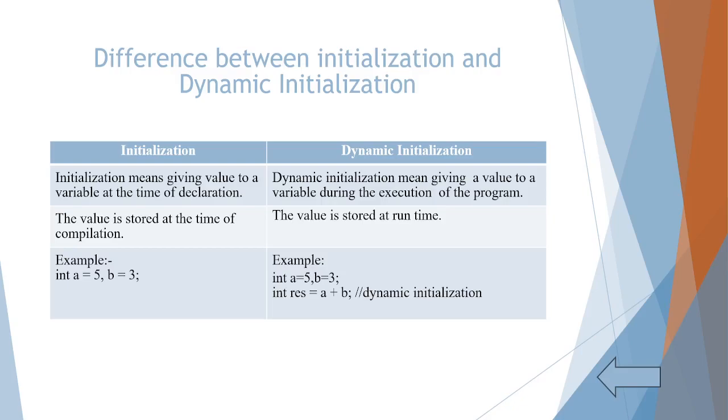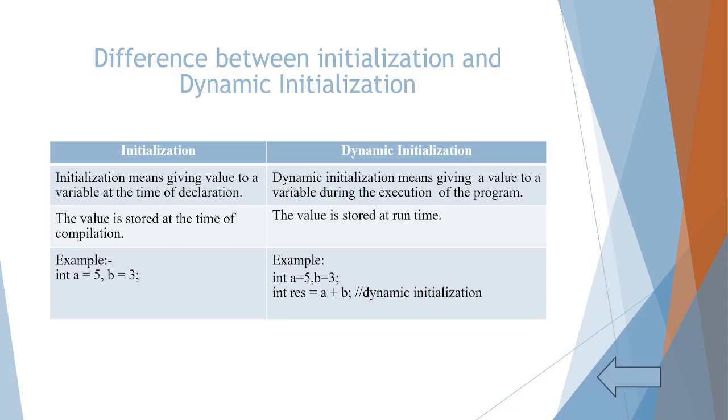Coming on to dynamic initialization, it means giving a value to a variable during the execution of the program. The value is stored at the runtime during execution. Example: int a = 5, b = 3. This is initialization.